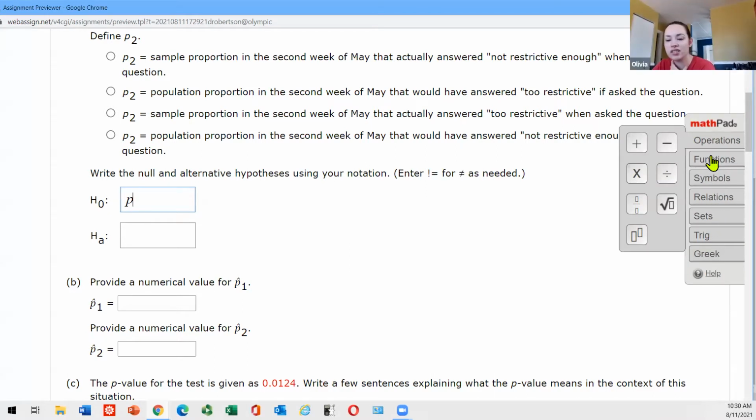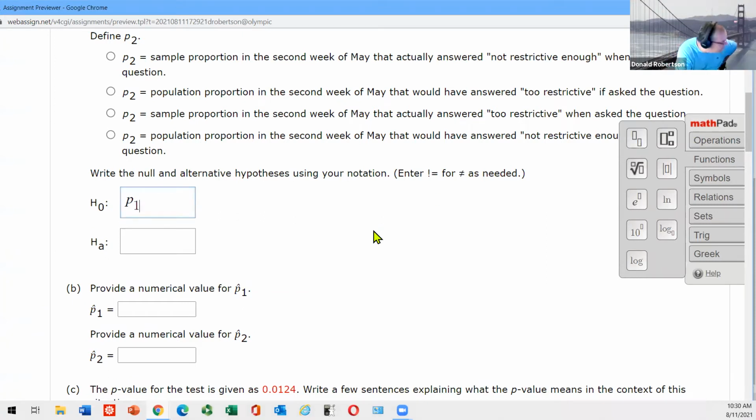It's in functions, isn't it? Yeah, right up there. P1, take away P2, and it's going to equal 0. And for a difference between two proportions, remember yesterday we talked about this, isn't that always the null hypothesis, at least for the ones we do? So you don't have a choice. Just always stick that one in, you'll be safe.